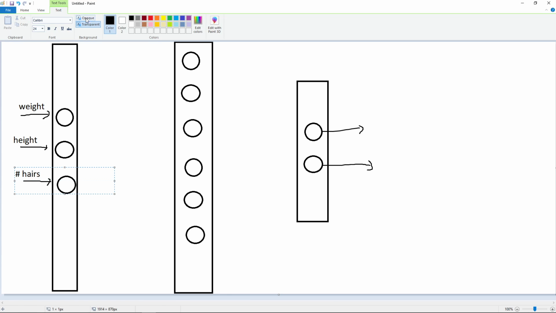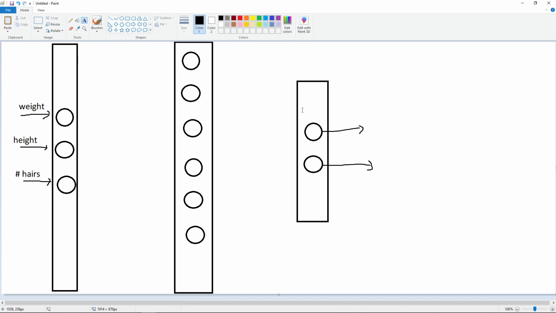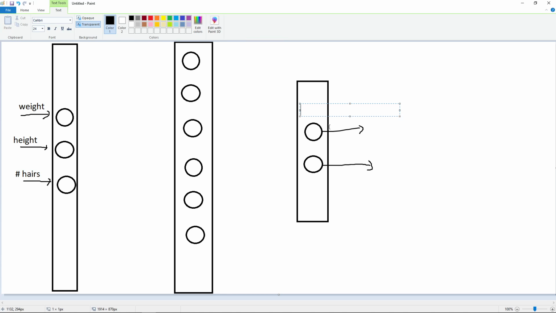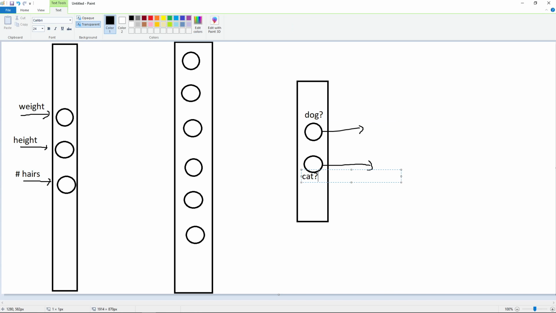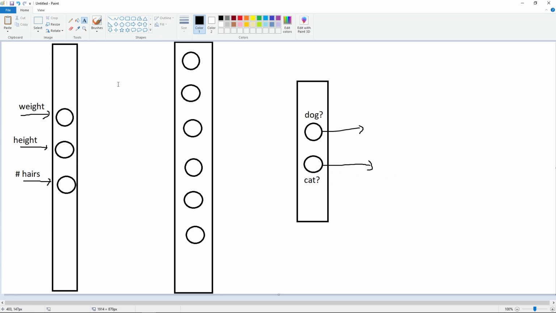Who knows? I have no idea. And then this neuron at the top is going to say if this is a dog, and the neuron at the bottom is going to say if this is a cat. So basically we want to distinguish between cats and dogs based on the weight of the animal, the height of the animal, and the number of hairs.